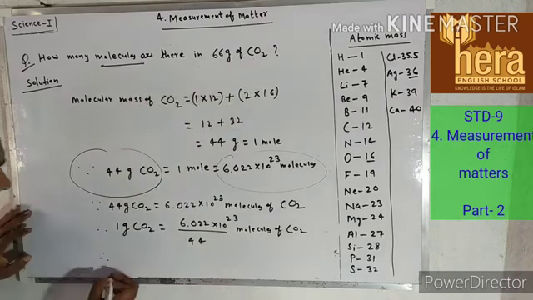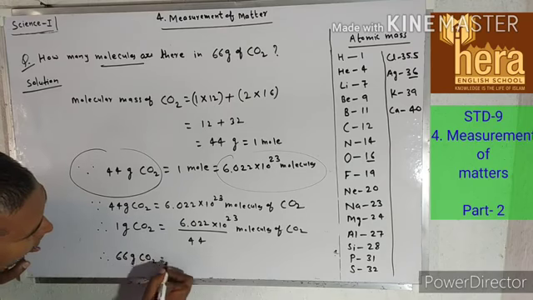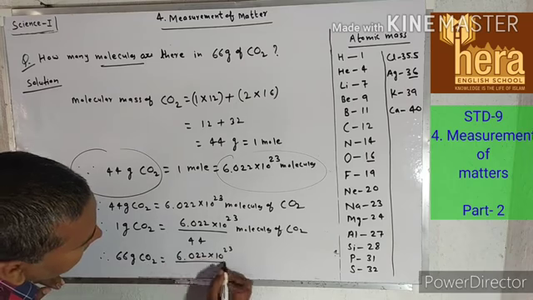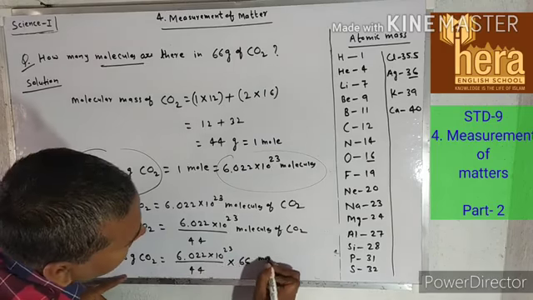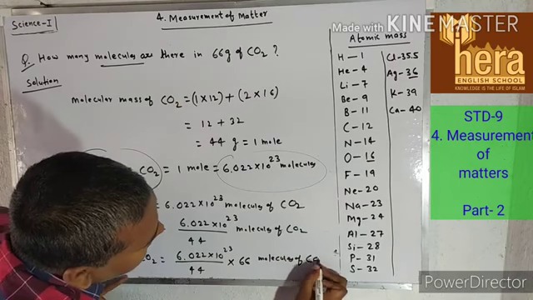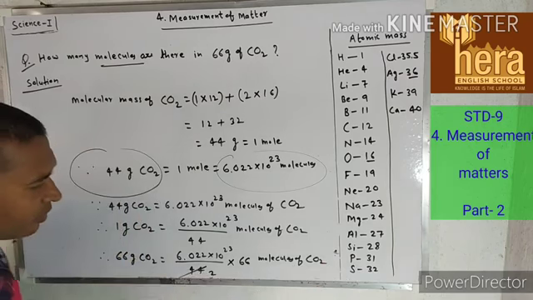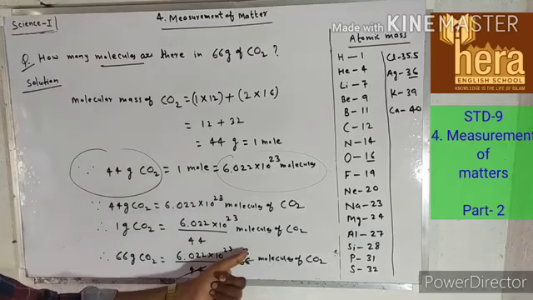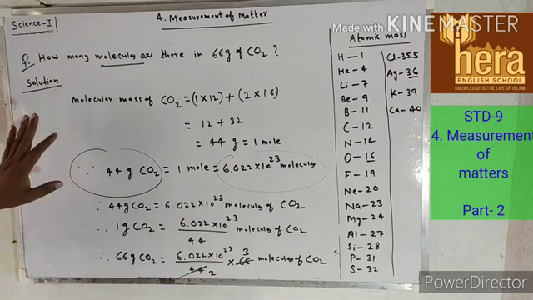66 gram of CO2. Therefore, 66 gram CO2 is equal to 6.022 into 10 raised to 23 divided by 44 into 66 molecules of CO2. 22 into 44, 22 into 66, 3 upon 2, that will be equal to, oh, there is no space.